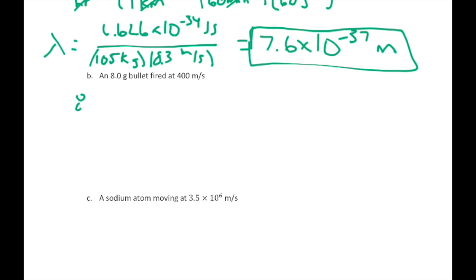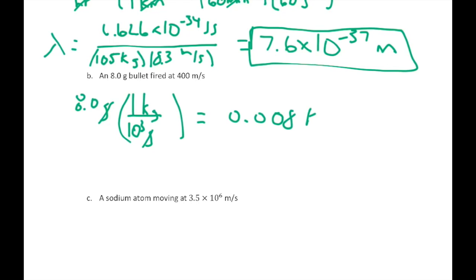Moving on, 8-gram bullet is fired at 400 meters per second. So again, 8.0 grams. We know there are 10 to the third grams in 1 kilogram. So we get 0.008 kilograms. Okay. Now we plug in again. So again we have our formula.